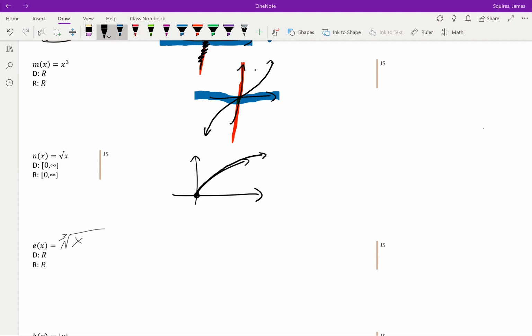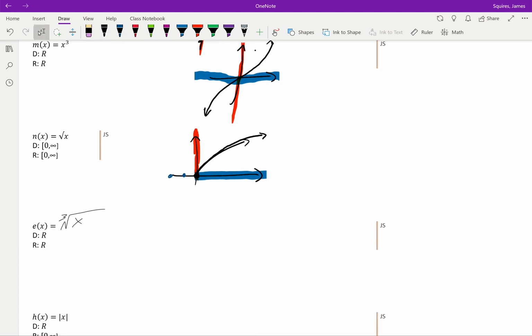And note, when we talk about the domain of this function, it's going to be 0 to positive infinity, because for all these negative x values, there's no y values that correspond with it. And similarly, when we talk about the range, it's going to be 0 and all positive y values, because there are no negative values of this square root function.